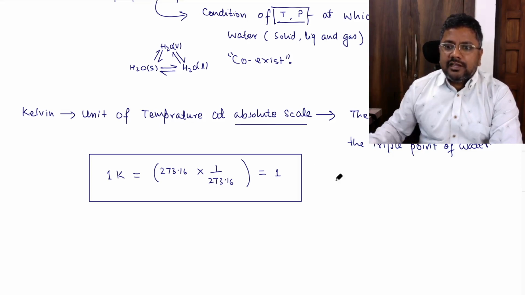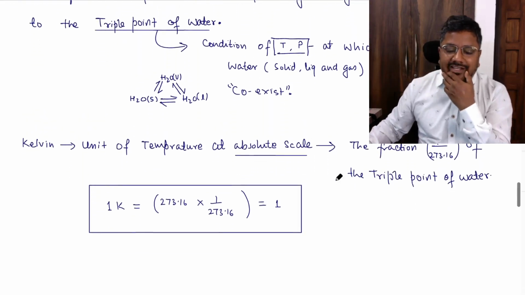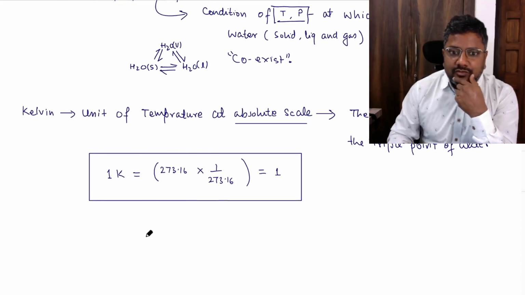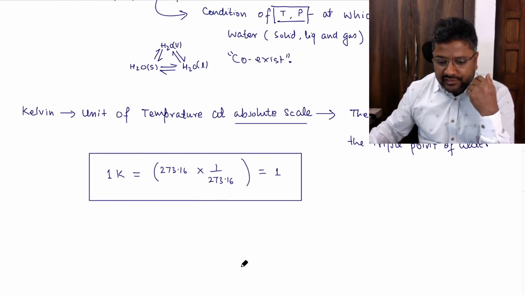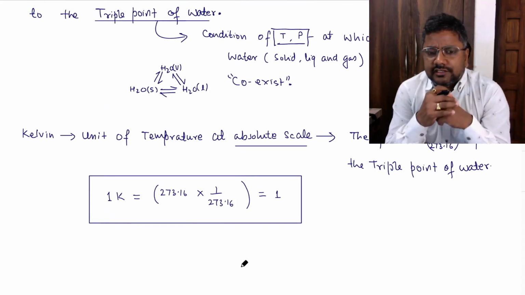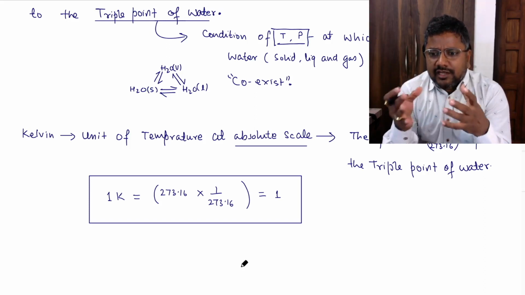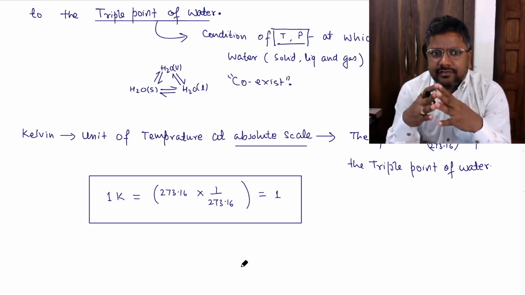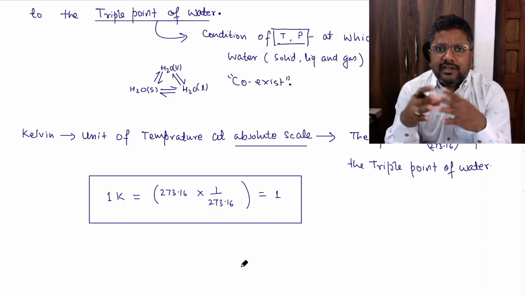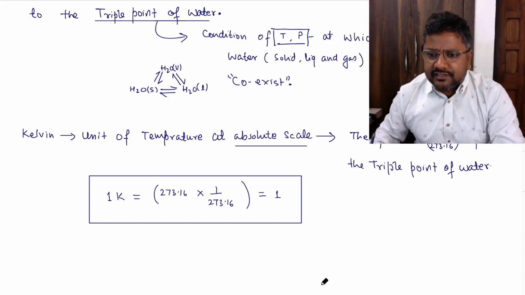We have other scales as well to measure the temperature, so called degree Celsius scale. So what is the relation between them? And see, one more definition we are using nowadays for Kelvin. Basically this is the old definition we can say, but nowadays it is defined in terms of the Boltzmann constant.